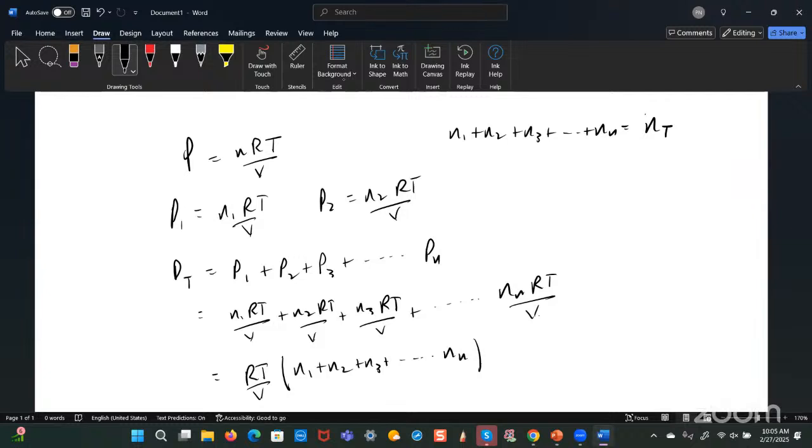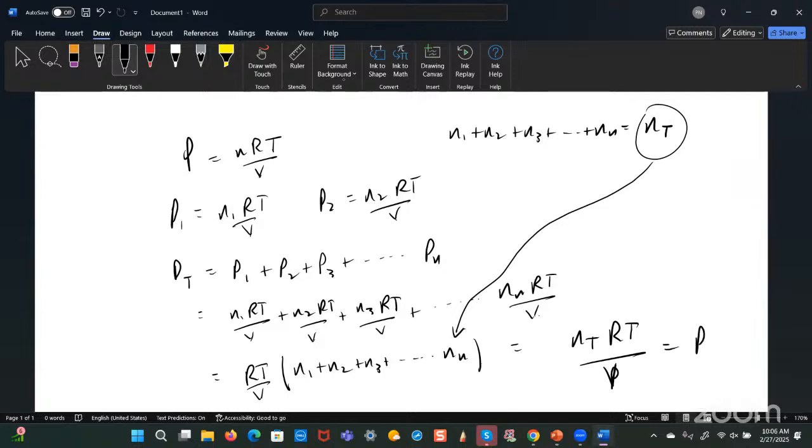So I'm going to put nt right here, and the resulting equation would be P total equals nt times RT over V. So basically, what we're saying is that the total pressure of the gaseous mixture will be equal to the total moles of all the gases in the mixture times RT divided by V, right? This is a way of calculating the total pressure. All you have to do is add up the moles of the gases in the mixture and then multiply by RT divided by V, and that will give you the total pressure, all right?